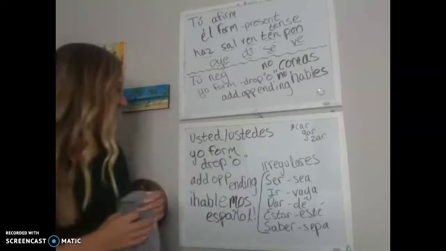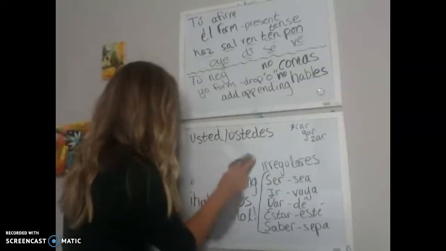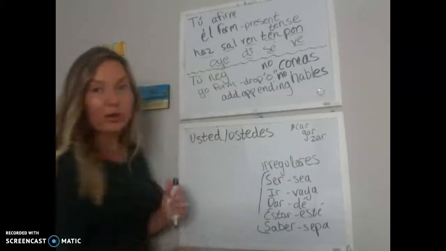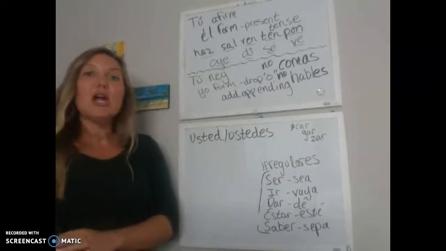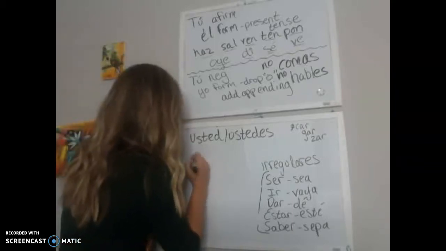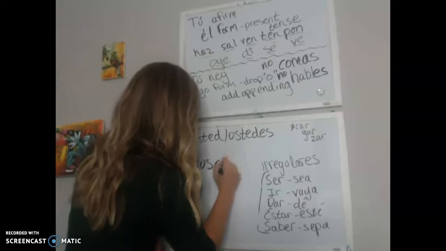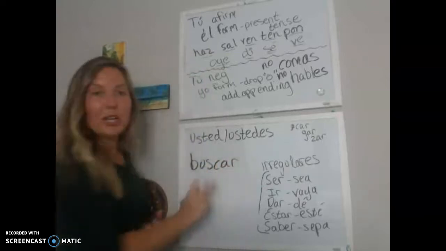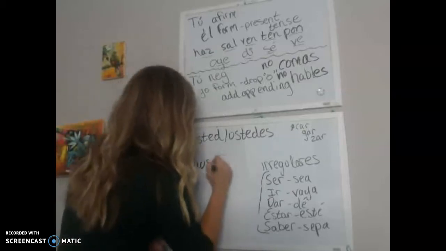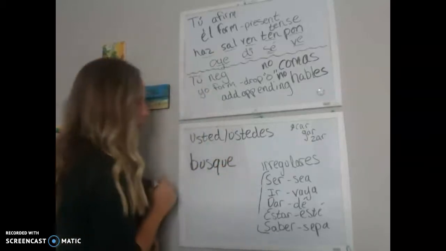And then the last thing we need to go over real quickly is car, gar, zar verbs. Now, if you have done the preterite tense, then you're already familiar with car, gar, zar verbs. So if I wanted to tell you to look for the book, I am going to use the car, gar, zar rule. Car is going to change to a QU, and we're going to add an E on there. So, busque el libro.